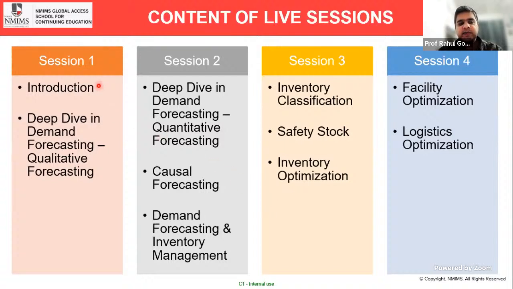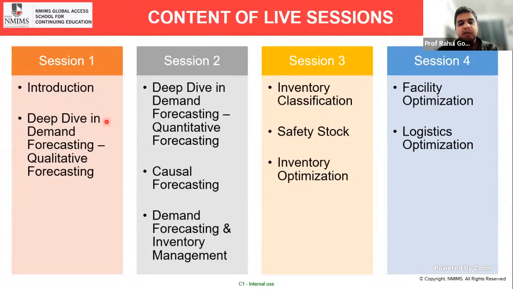In session 1, we went through the introduction of this course, which was to see the application of analytics in supply chain and logistics. Then we said that we are going to talk about three verticals in supply chain in detail, and look at how analytics and several frameworks are applied: demand forecasting, inventory optimization, and logistics optimization.